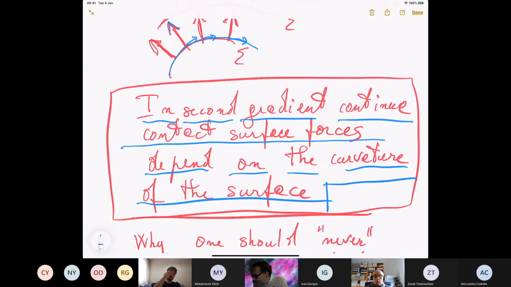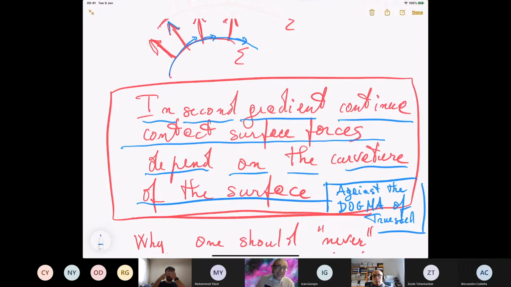And this is against the dogma of Truesdell. Truesdell has been a scientist of the past century who claimed that every contact surface force must depend only on the normal of the Cauchy cut.